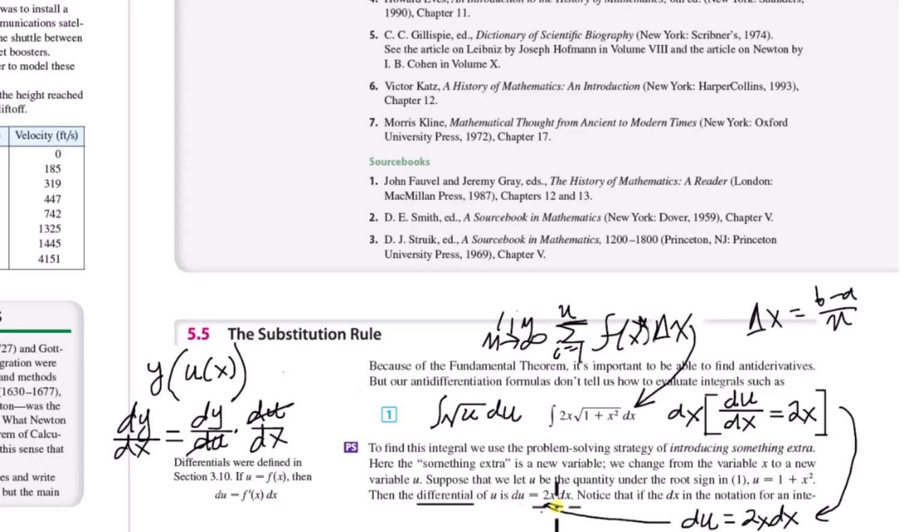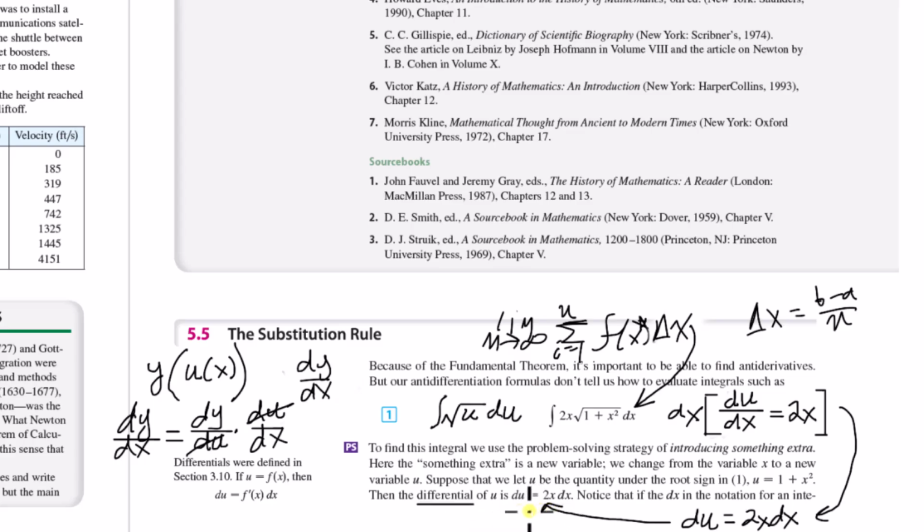As far as the definition of the integral, the dx is infinitesimally small, in the same way that for the definition of the derivative, you could think about dy and dx as infinitesimally small. However, for this substitution rule, they're telling us that we're going to find the differential.